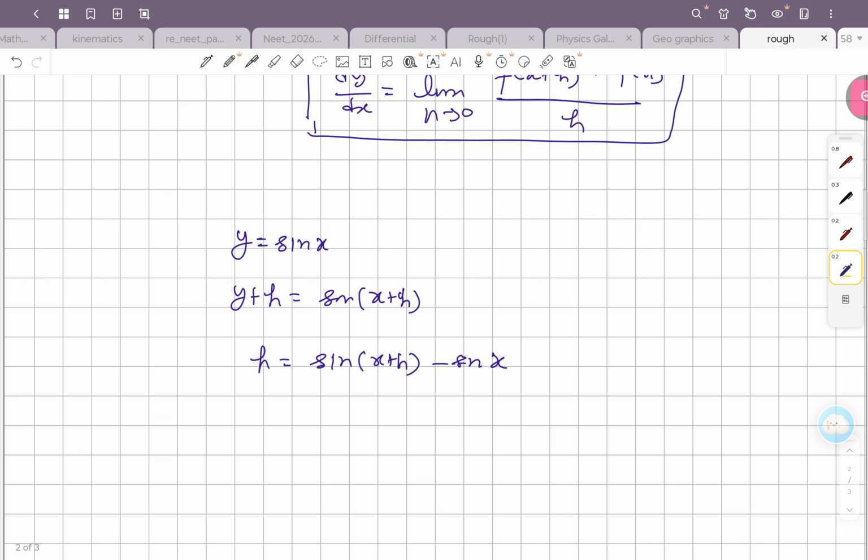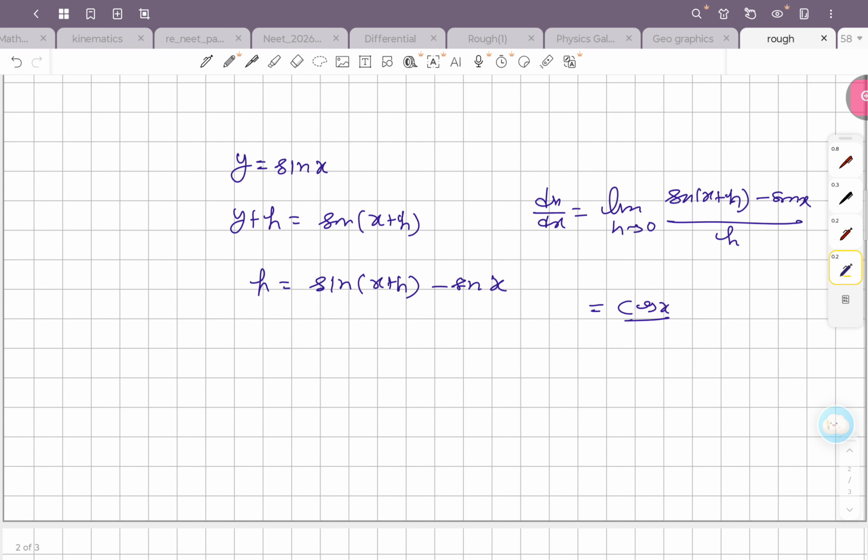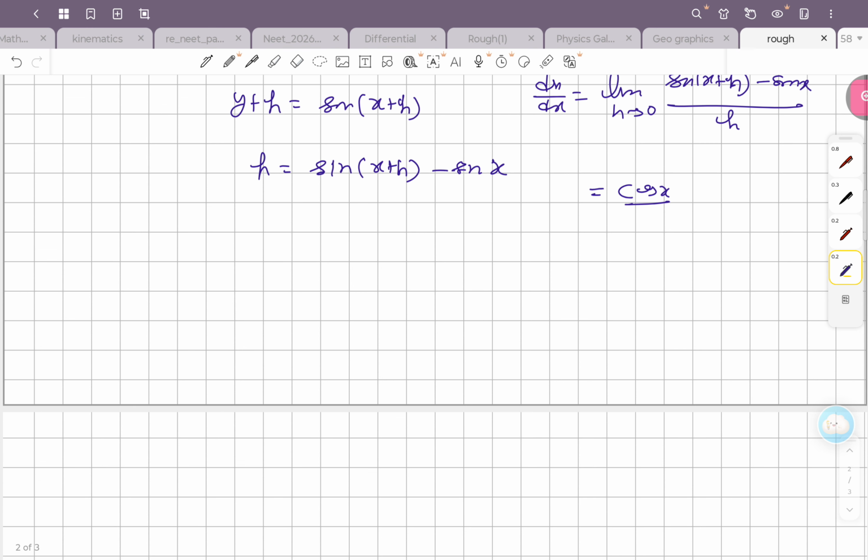So dy by dx is equal to the limit h tends to 0 of sin(x plus h) minus sin x, divided by h. If you solve it, you get cos x. So this is the fundamental technique to find the differentiation of any function.